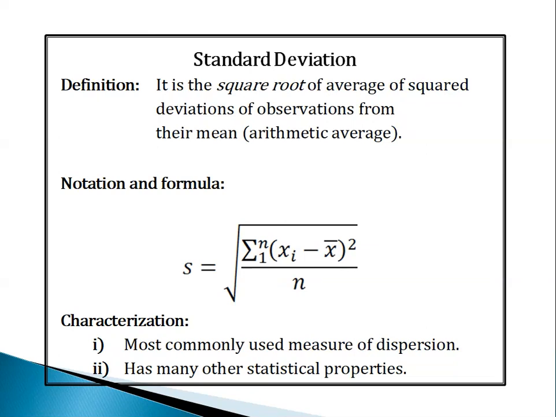It is the square root of the average squared deviations of observations from their mean, explained by the formula S is equal to the square root of summation from 1 to n of (x minus x bar) squared divided by n.